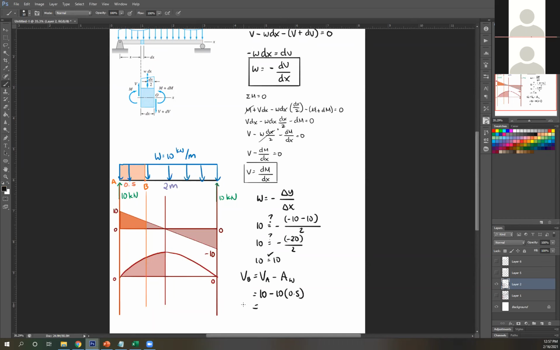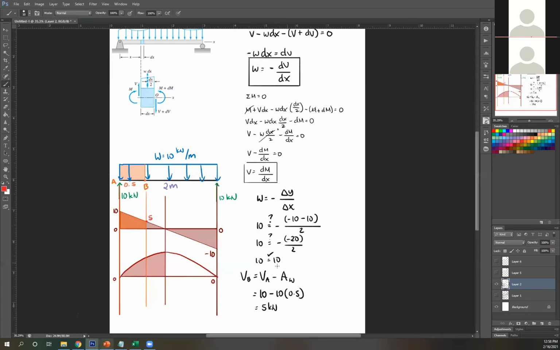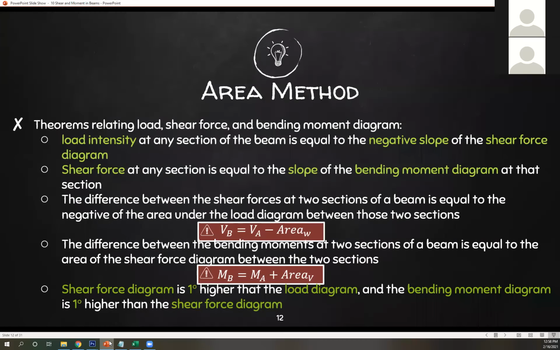So 10 minus 10 times 0.5, you get 5 kilonewtons. So the shear at B, this point, is now 5 kilonewtons. So that's proving this theorem. Try using this equation on other points, and you're going to get the shear force at that end.